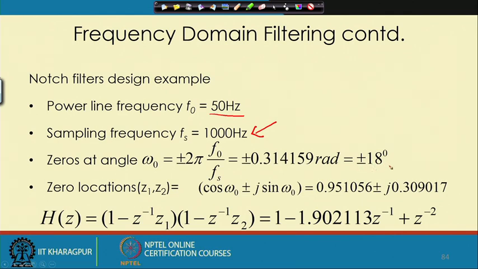So, using this information we get the zero locations, cosine omega 0 plus minus j sin omega 0, and we get the location of the zeros. Using that information we can reconstruct the H(z), which comes as a second order filter which is symmetric.